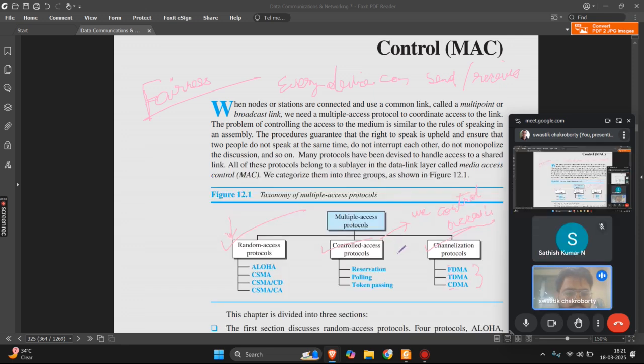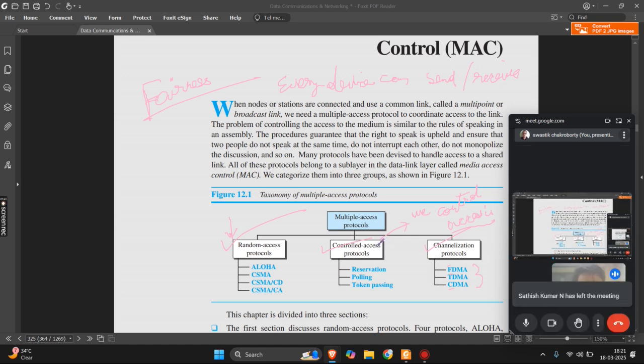In a random access protocol, there is a particular lottery going on. Users are getting selected at random to transmit their data. Whereas in a controlled access protocol, there is an algorithm or sequence used to decide who will send the data. And in a channelization protocol, the existing resources are divided into channels, and multiple users transmit on separate channels.